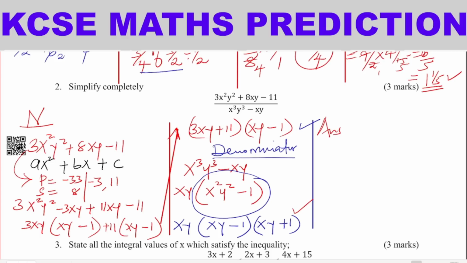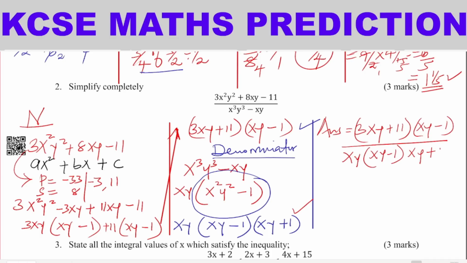Now let's get the answer. The answer for the numerator, we got this is 3xy plus 11 into brackets xy minus 1, everything divided by the denominator xy subtract 1 xy plus 1.